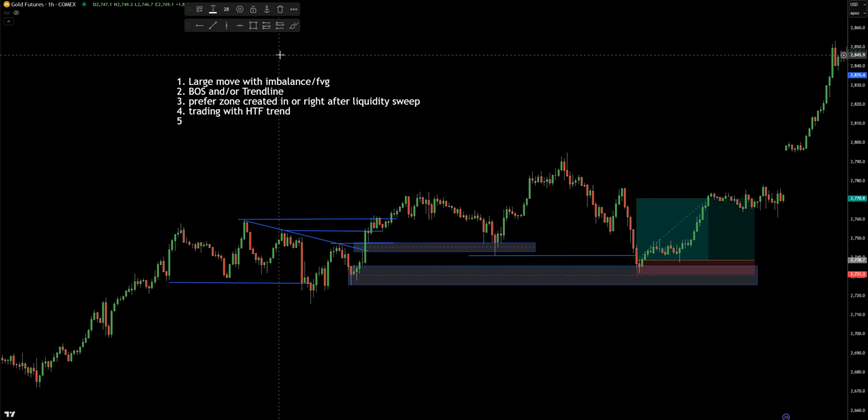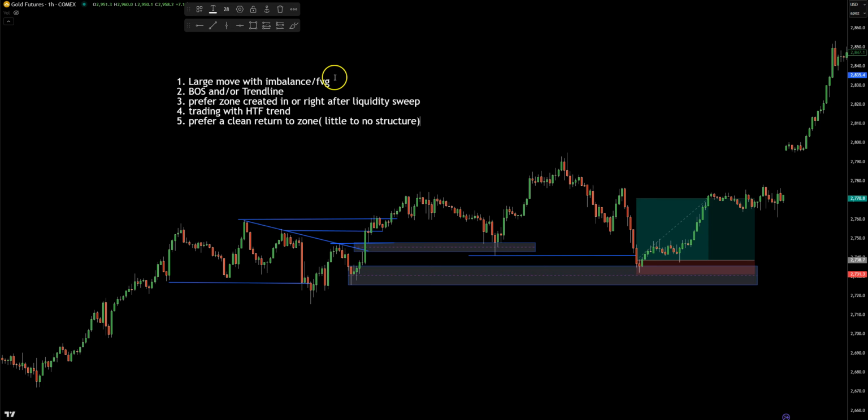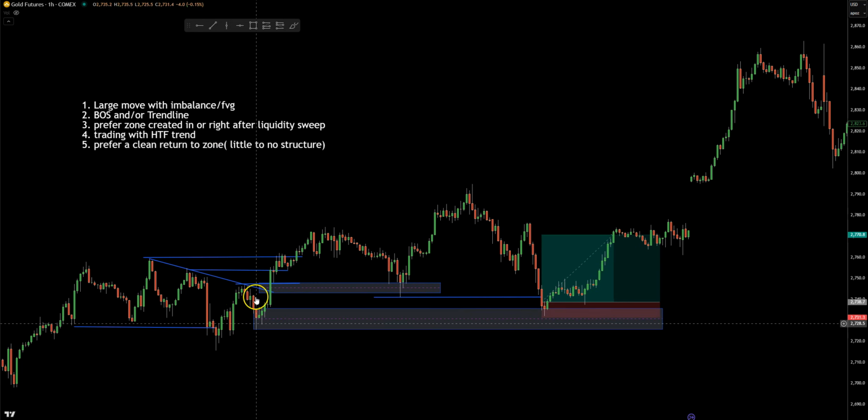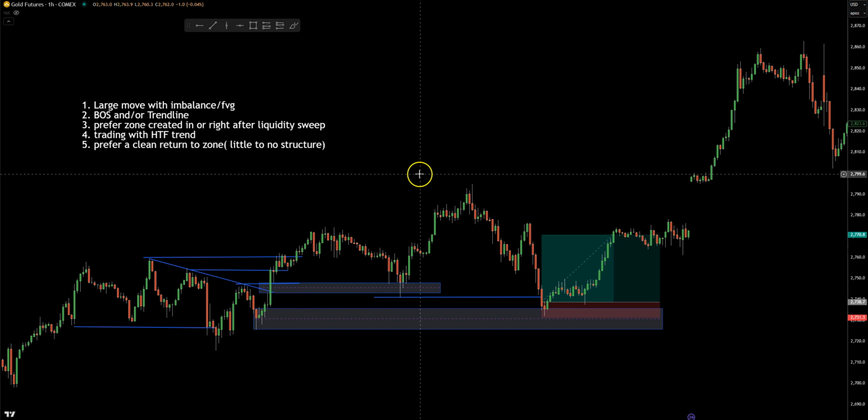And then we also prefer a clean return to the zone. Little to no structure returning to the zone, not necessarily going away from the zone. Right, so at the start of our zone, we're cool if it structures up.